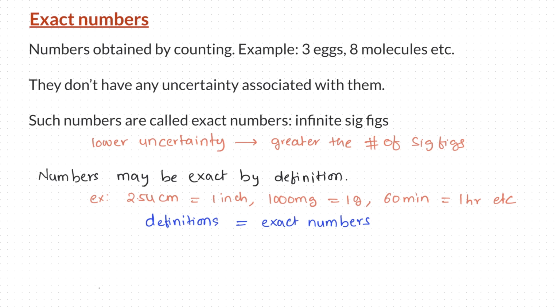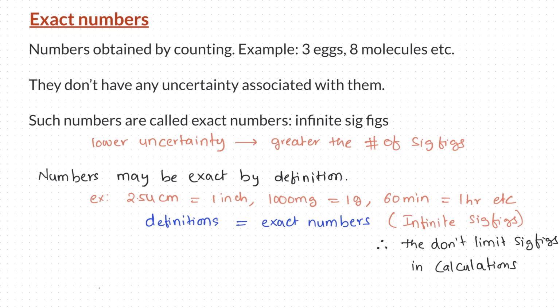All these conversions are examples of exact numbers. Therefore, they are assumed to have infinite number of significant figures. Since they have infinite number of significant figures, they do not limit the number of significant digits in a calculation. Let us do an example problem in the next slide.